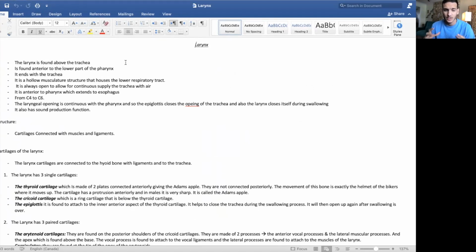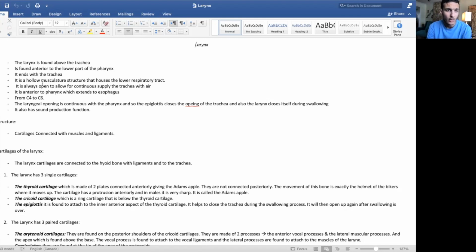So that's why the larynx is there, to give that opening for a continuous passage of air. It is found anterior to the lower part of the pharynx. Okay, it ends with the trachea, of course. The trachea is basically a couple of C-shaped cartilage rings lined one above each other to also help maintain a hollow tube for the passage of air to our lungs.